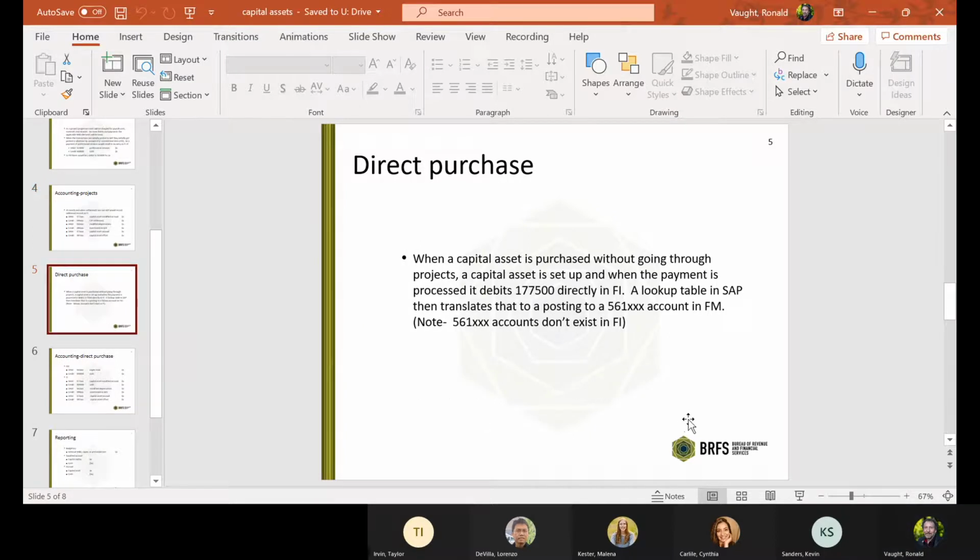Now, that's for project costs, but we could also do a direct purchase of a capital asset, like a car or something. And when that happens, the capital asset accountant in the bureau will go in and actually set up the capital asset in the capital asset system. And then when they record the expenditure in FI, they will charge it to 177500 directly.